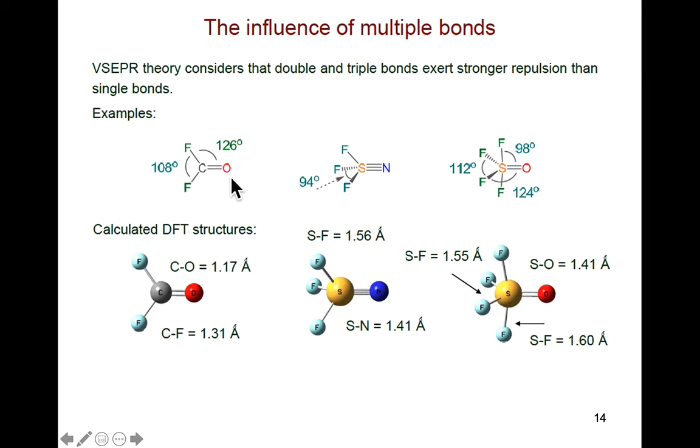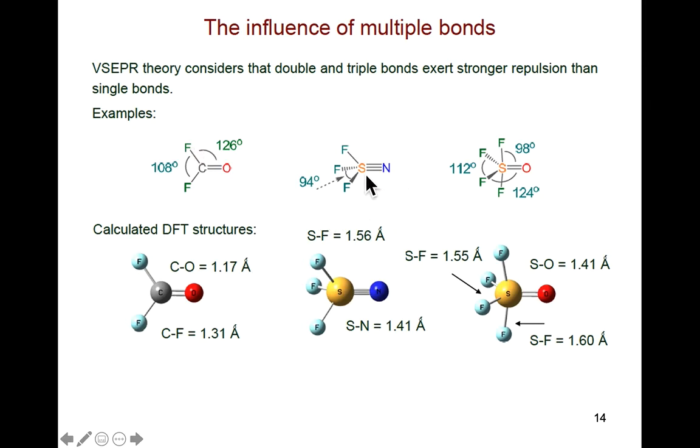But because this double bond, in fact, has more electron density, it's a thicker bond than the single bonds, what happens is this angle, the OCF angle, gets opened up, and the FCF angle gets closed down. So this angle back here gets squeezed together, this angle opens up, because in fact, this CO double bond is more repulsive than the CF single bonds.